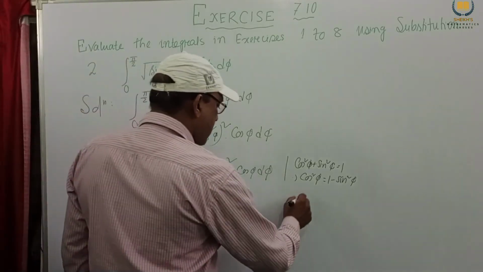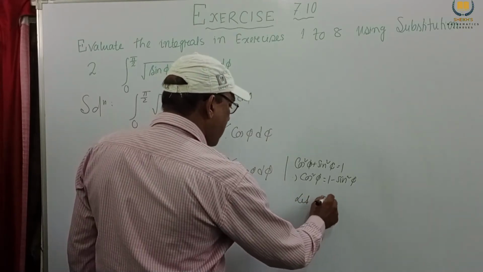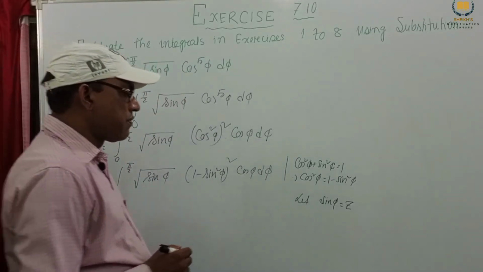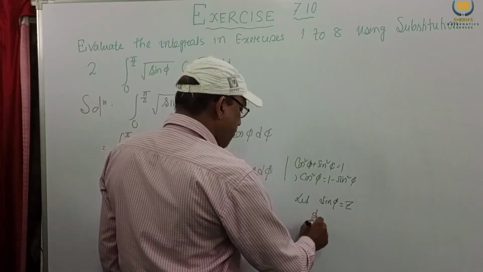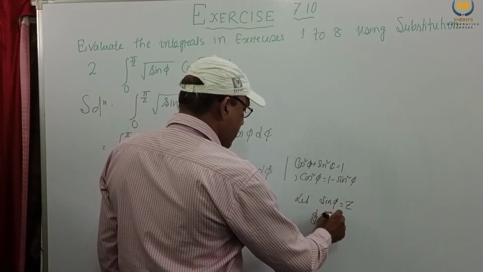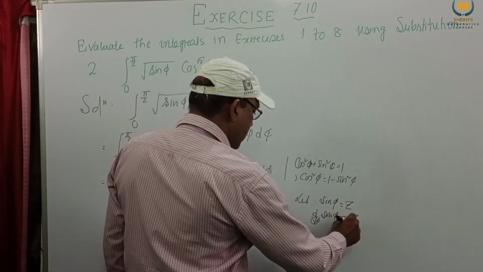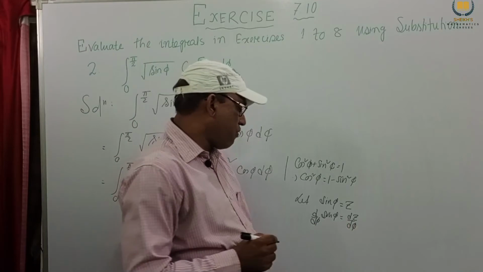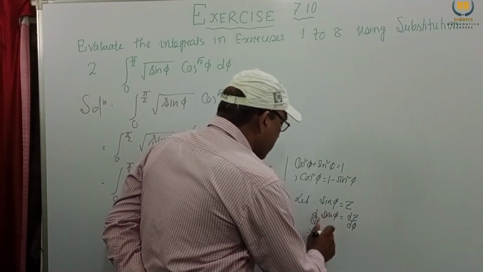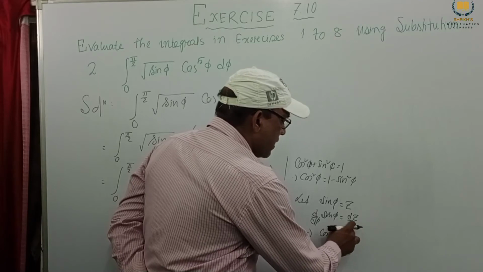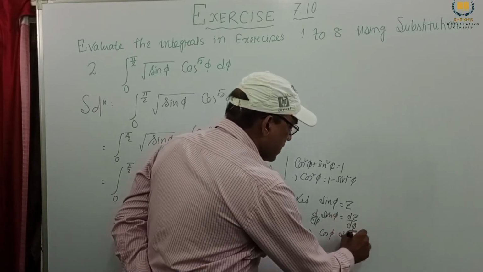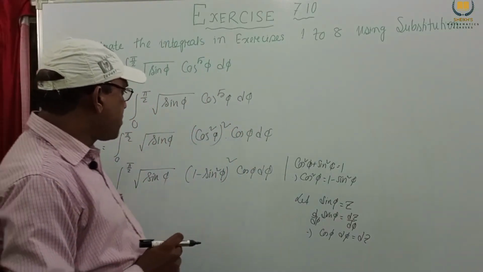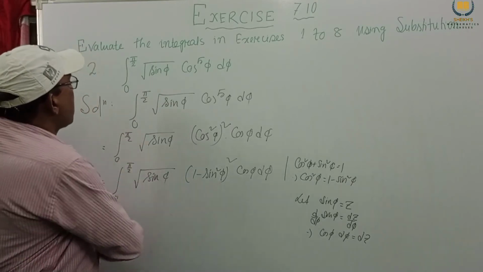Now let sin phi equal to z, or we can consider u also. We differentiate both sides with respect to phi. D by d phi of sin phi is cos phi, and multiplying d phi on the left-hand side, this is dz. We get this.